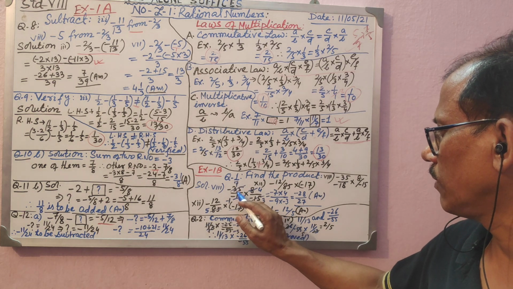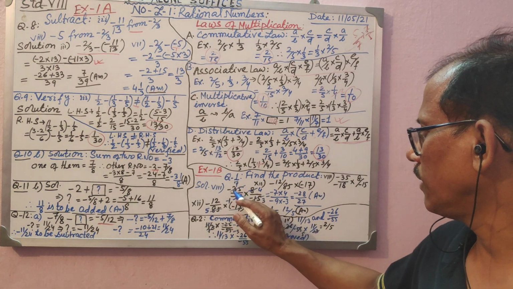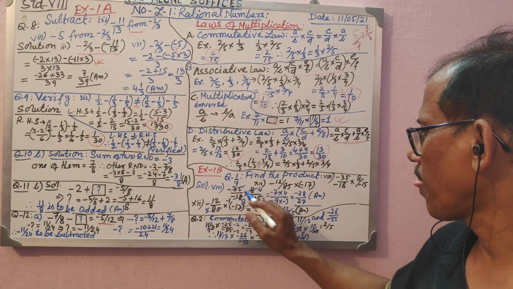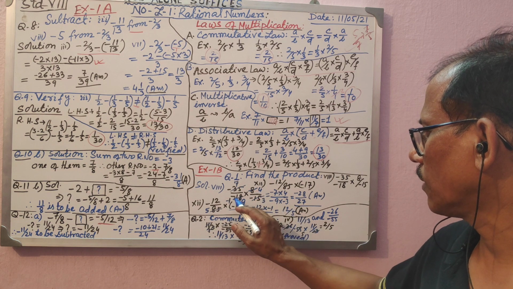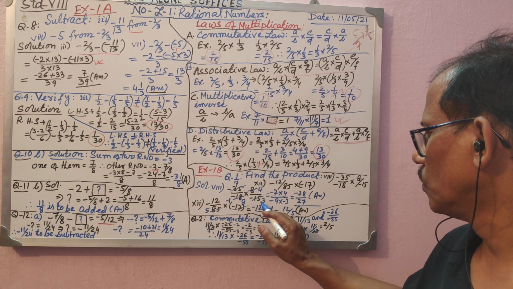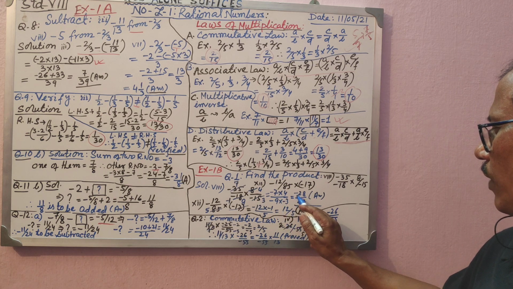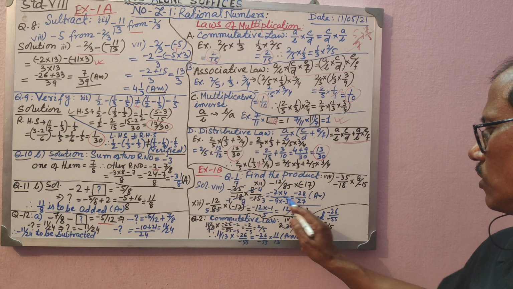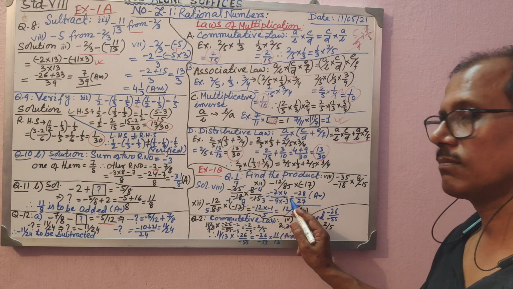So 4 by 9, and 35 and 15 will be divided by 5. So 5 sevens are 35 and 5 threes are 15. So minus 7 into 4 is the numerator and minus 9 into minus 3 will be the denominator. If you do it this way, then you find minus 28 by 27, because minus by minus is plus.